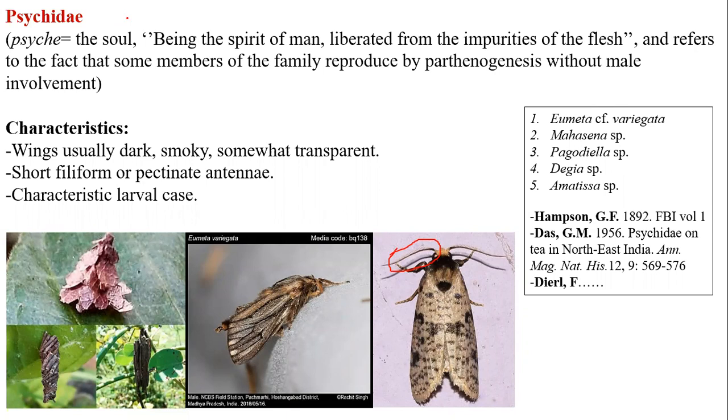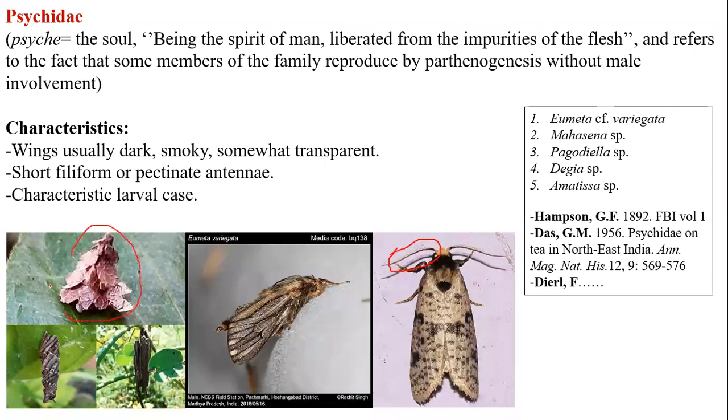This family is very easy to identify from the caterpillar or larval stage, because their larva has a characteristic larval case. You are seeing here that their larva makes a case using twigs or other things from the environment. I am showing 3 larval cases which occur in Bangladesh.